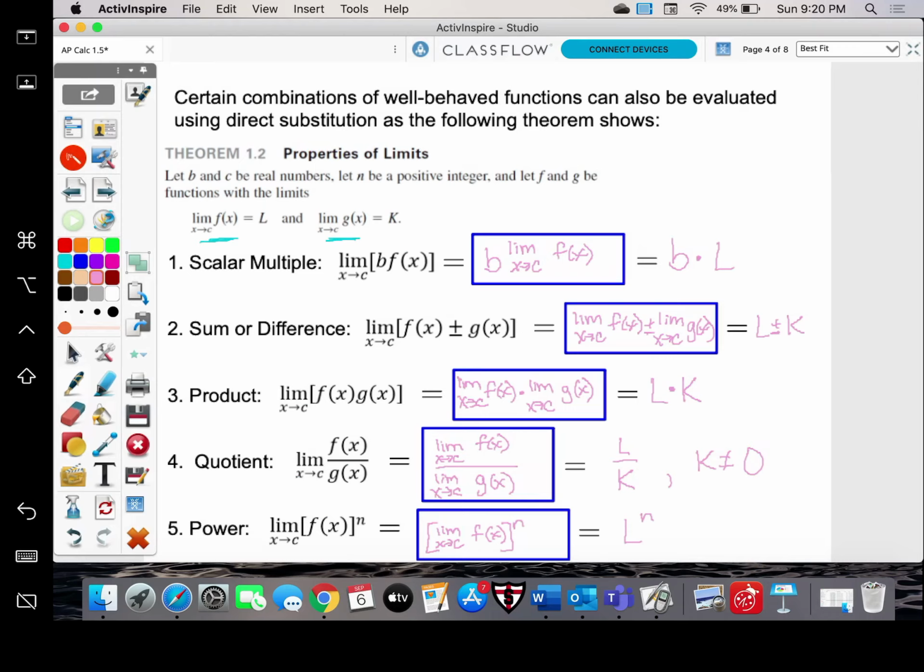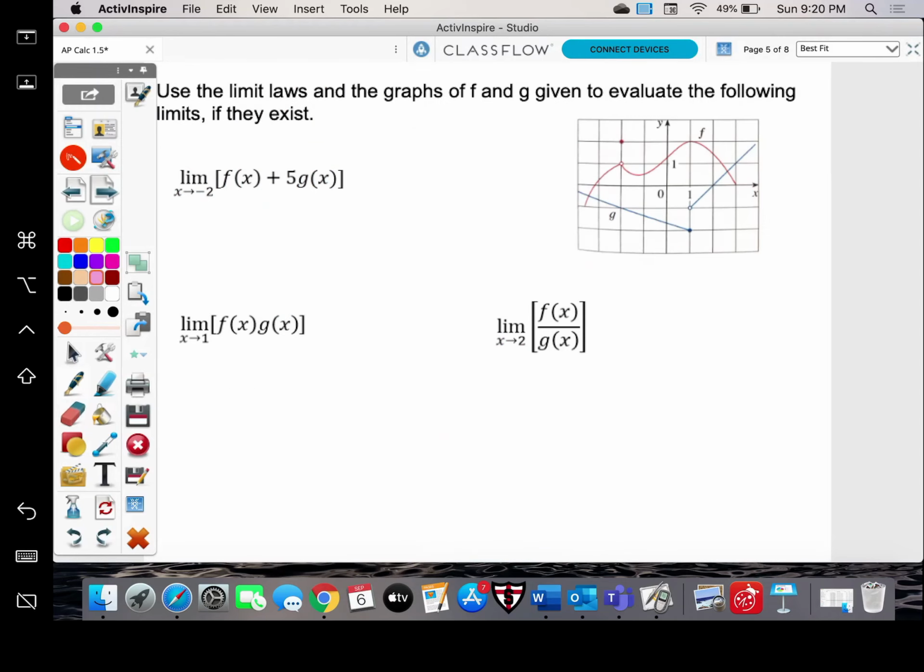And the last one, a power, you just take the limit to the power. All of those still work with direct substitution as well. So if you happen to forget some of these properties, sometimes you can just rely on direct substitution.